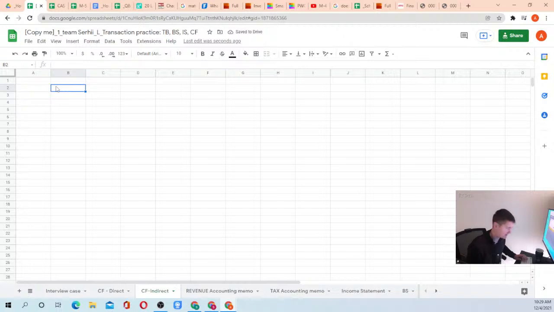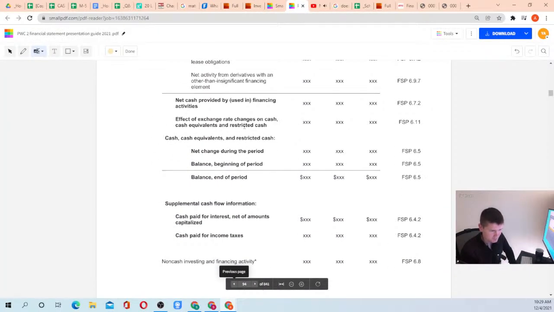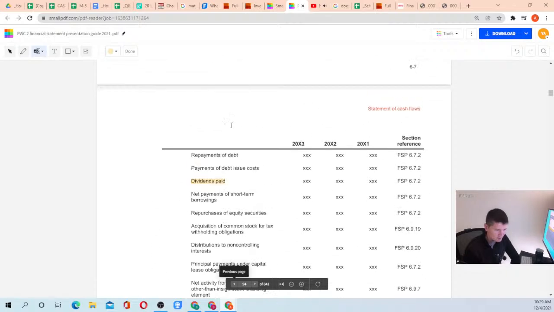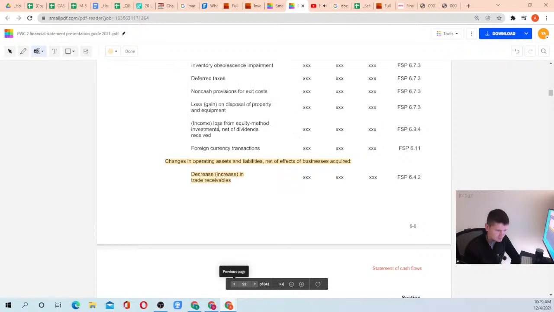So we basically have operating, financing, and usually it's investing. And we have some under the direct method. Let's take a look. So all that big file is related to the indirect method.